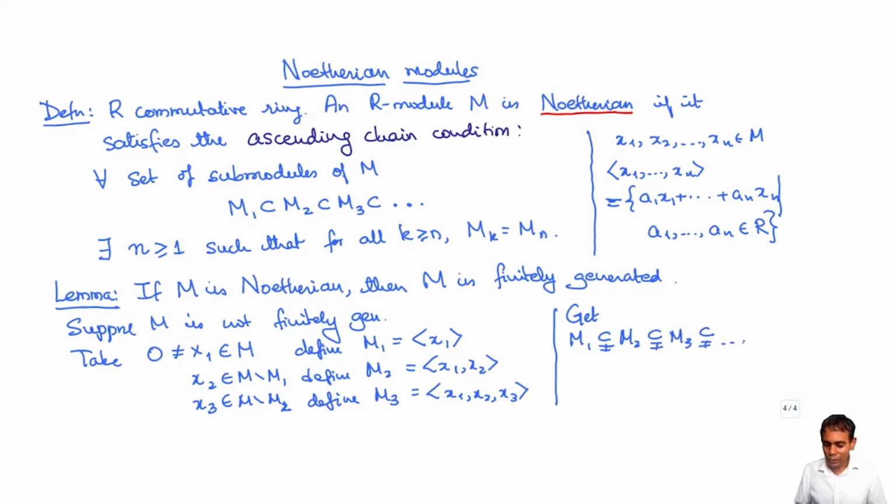This process will never stop because at each stage Mn is generated by n elements, so it is a finitely generated R-module and cannot equal M. So we get this strictly increasing chain of R-modules which never stabilizes. This contradicts the Noetherian hypothesis.